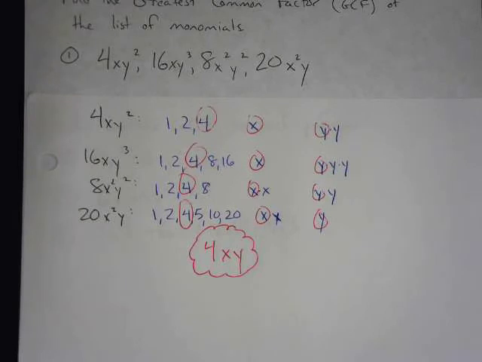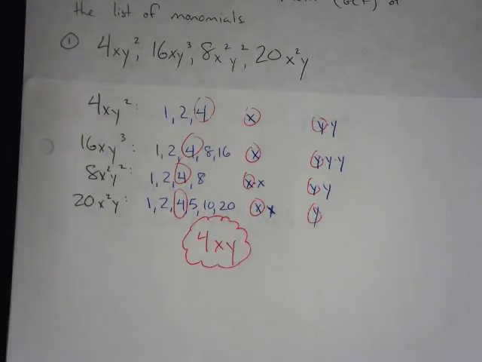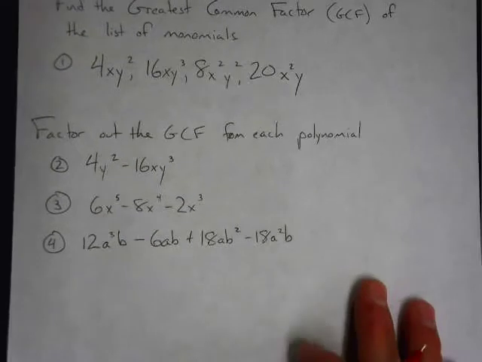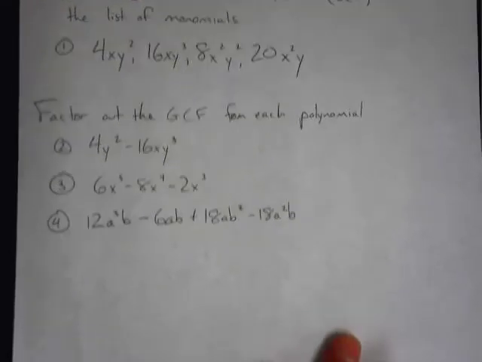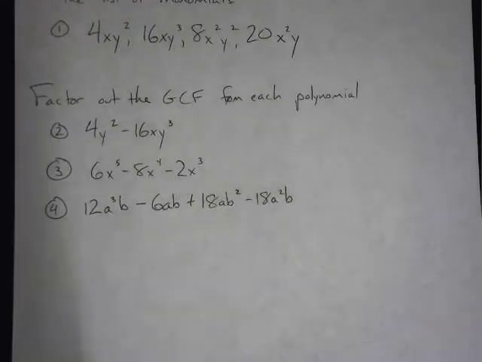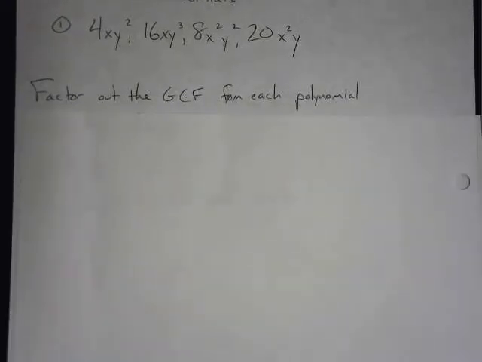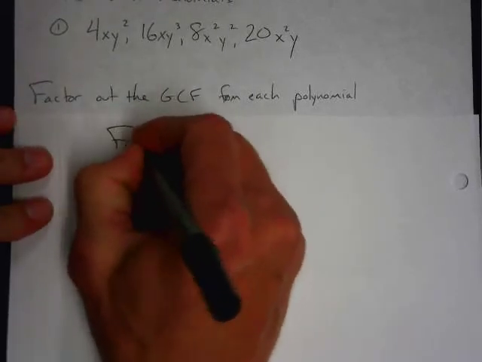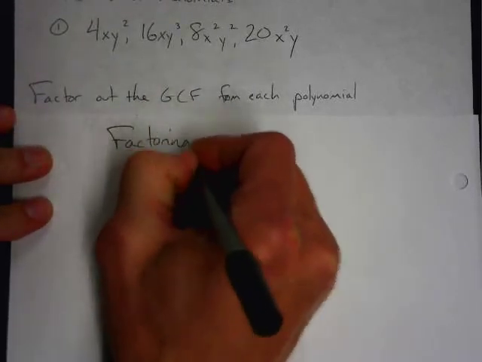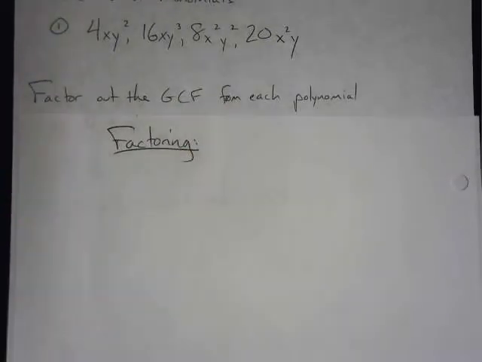Okay, so now for the second set of instructions. Now what we're going to do is factor out the greatest common factor from each polynomial. So now we have to figure out, what is factoring? Factoring is representing a number by showing its factors.